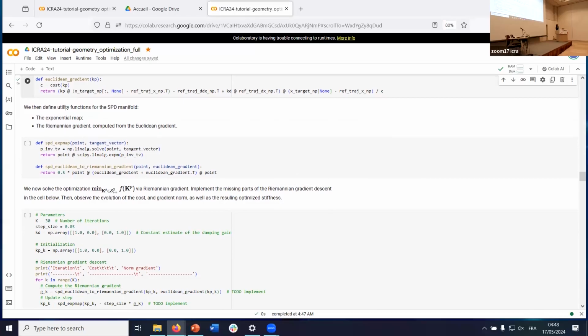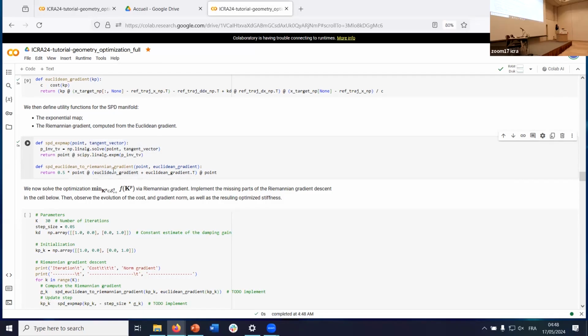Then here we define some utility functions for the manifold of symmetric positive definite matrices. So here we have the formula for the exponential map. You see that we give as input the current point where we are on the manifold and the tangent vector, okay? And then it returns to us another point on the manifold given the formula of the exponential map for the SPD manifold. And then we have this SPD Euclidean to Riemannian gradient.